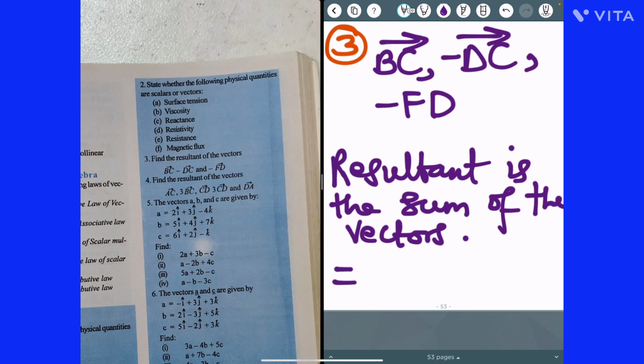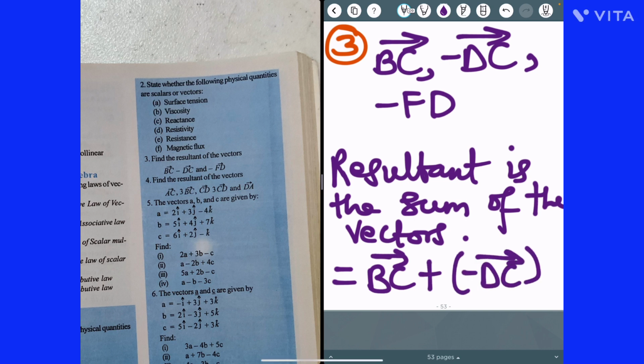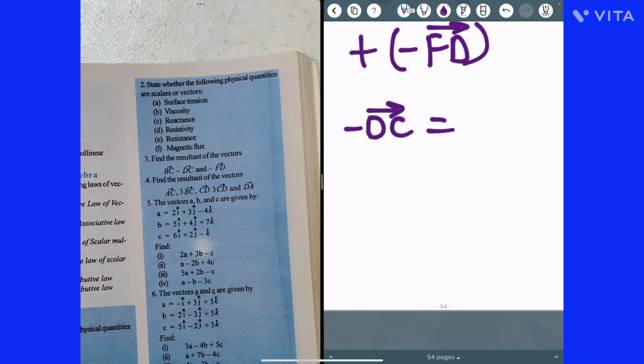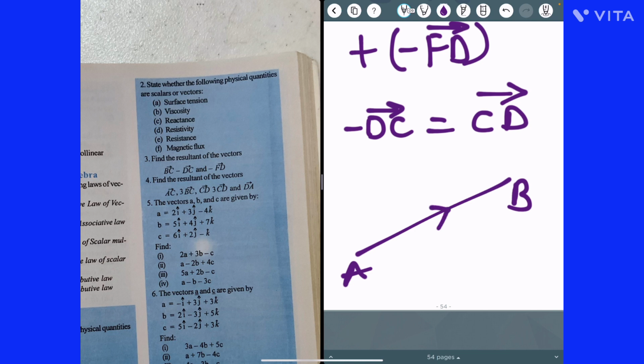So the resultant will be equal to what? BC, take note, plus minus DC, take note, plus minus FD, take note. But you know that minus DC is the same thing as CD. Just like if I draw a vector like this and this is AB. AB is pointing in this direction.